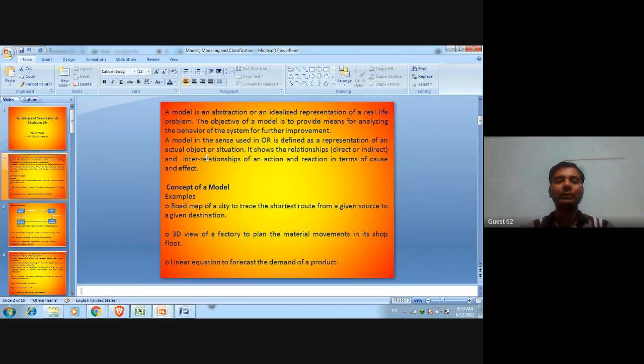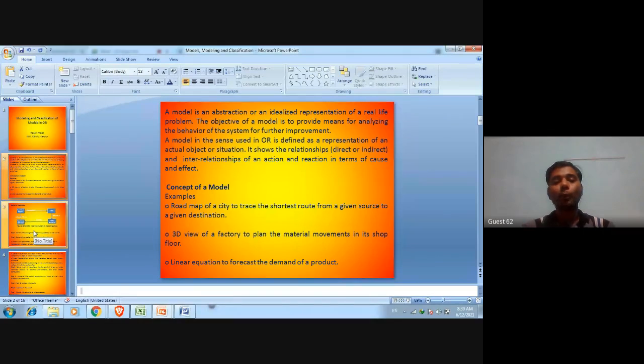When we solve a linear programming problem, some variables will also come, such as slack variables, surplus variables, and artificial variables, all of which are direct or indirect. It also shows the interrelationship of action and reaction in terms of cause and effect, meaning which variable has an effect on our objective function. So this is the concept of a model.